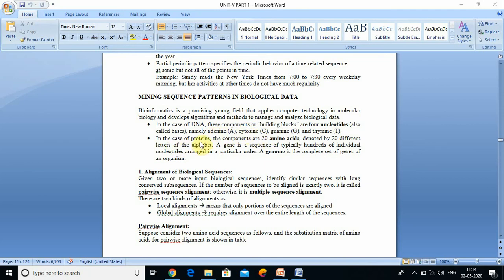In the case of protein, the components are 20 amino acids denoted by 20 different letters of the alphabet.